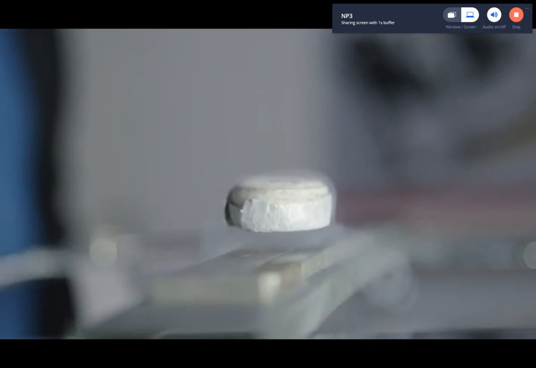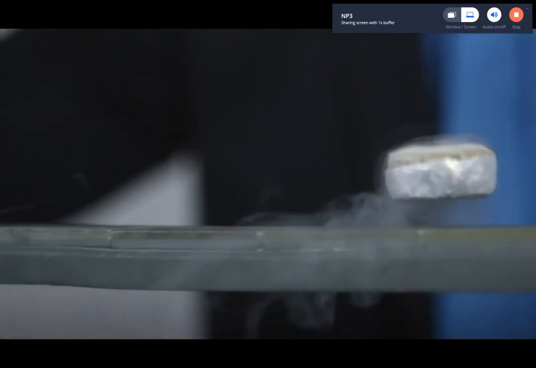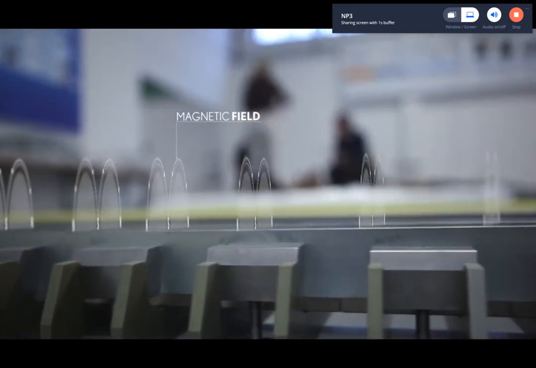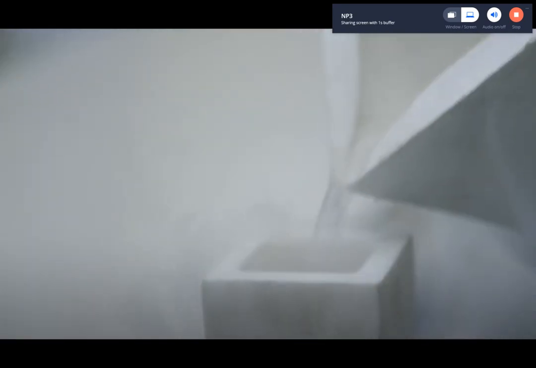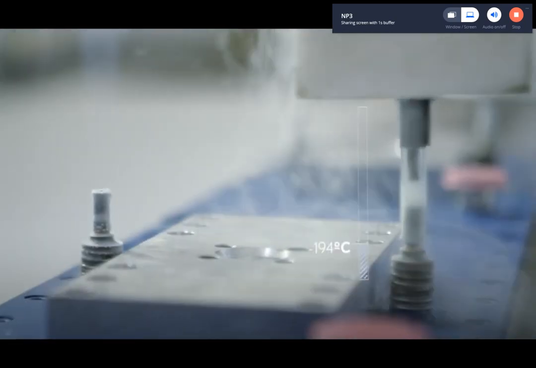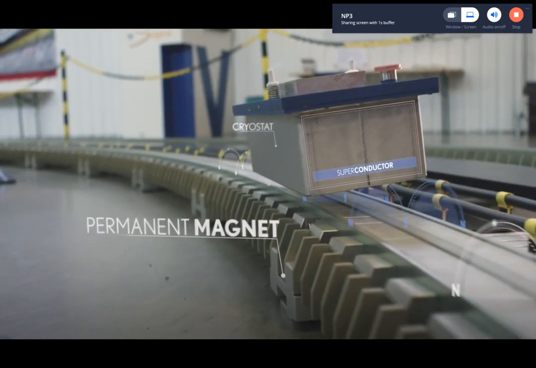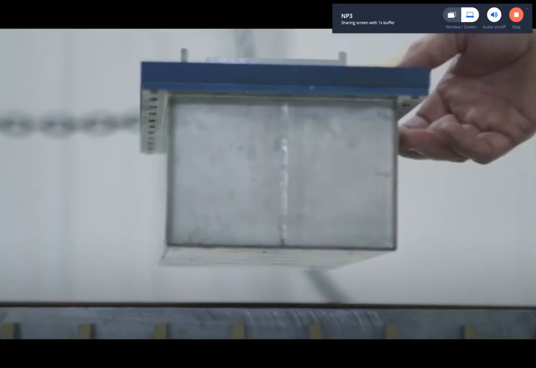So you just have to keep it cold to have a long hovering effect. The magnetic track has a certain magnetic field configuration, and this configuration is now also present in the superconductor. When they are cooled down, this field configuration is frozen in. When the superconductor stays in this position, it's an art of material science.